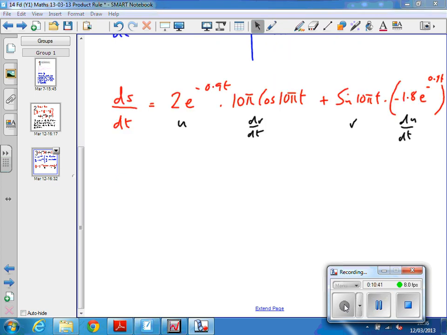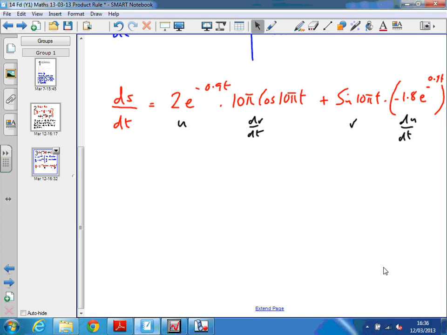Okay, that is the differential, but we tidy up because it's an awkward function to use when entering the value t. Then we've got to find out what this differential is when t equals a given value. So we tidy up. If we look at it, we can see 2 times 10, we can collect them together to make 20. So we tend to put the numbers first, so 20 pi, then we put the exponential functions, and we finish off with the trigonometric functions.